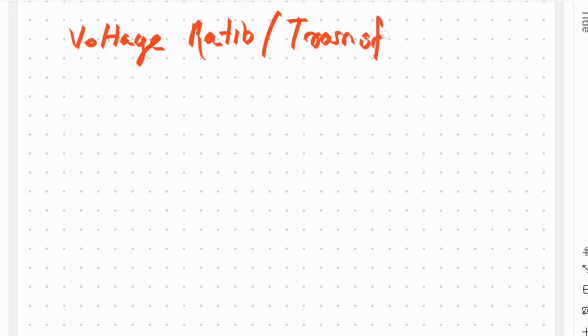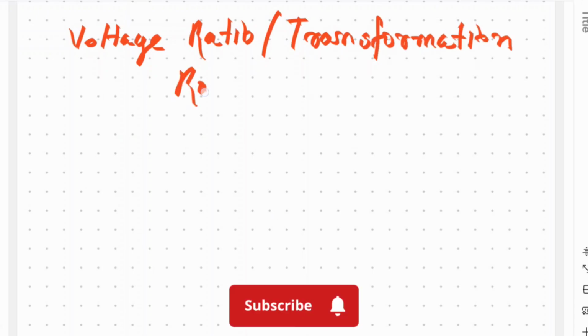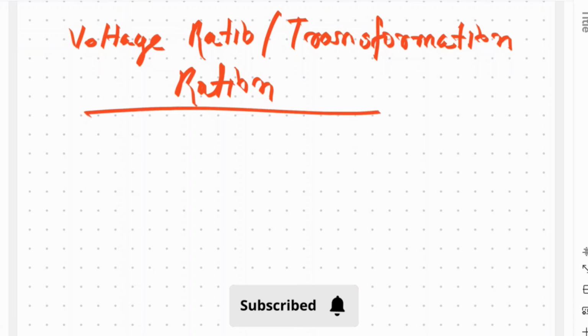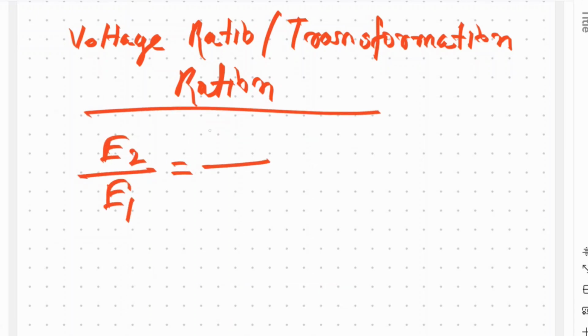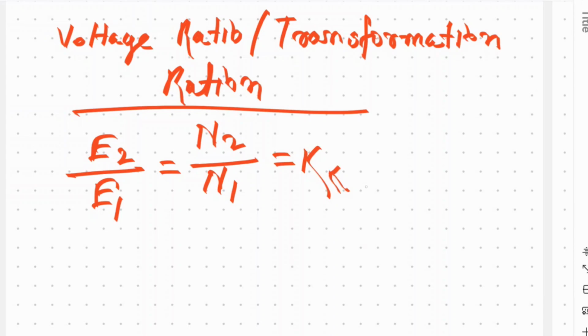See the voltage ratio or transformation ratio. We can write E2 by E1 is equal to N2 by N1 is equal to K. This K is the transformation ratio.